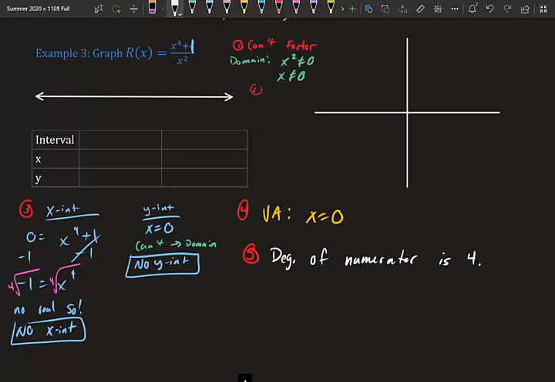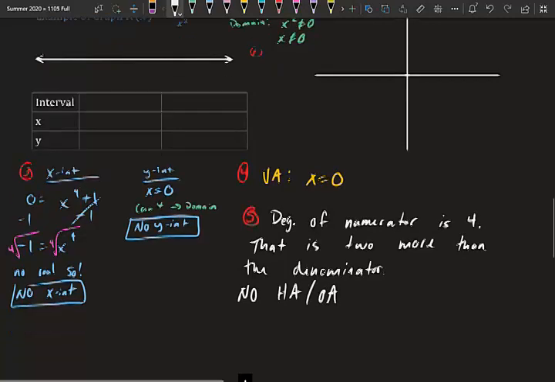That means, what does that mean? That is 2 more than the denominator. Since that's the case, we have no horizontal or oblique asymptote.